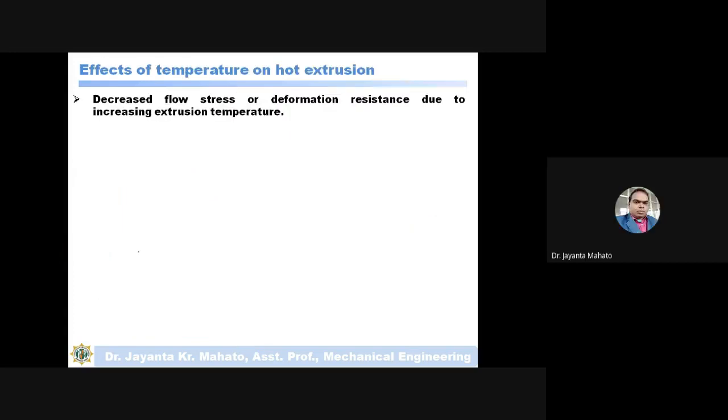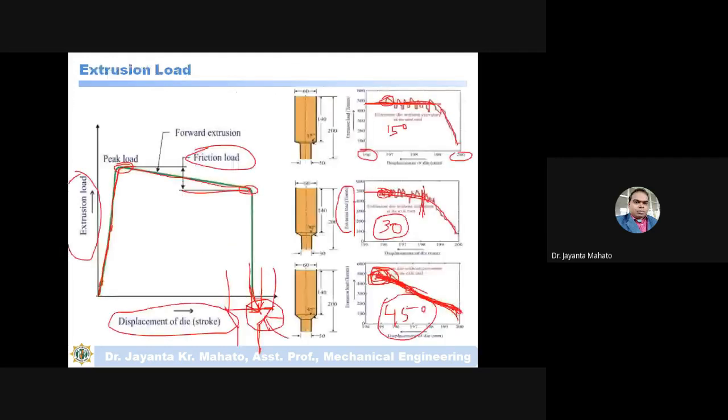So from this decrement, you can calculate the frictional load. Here the frictional load is less, but here the frictional load is very high.